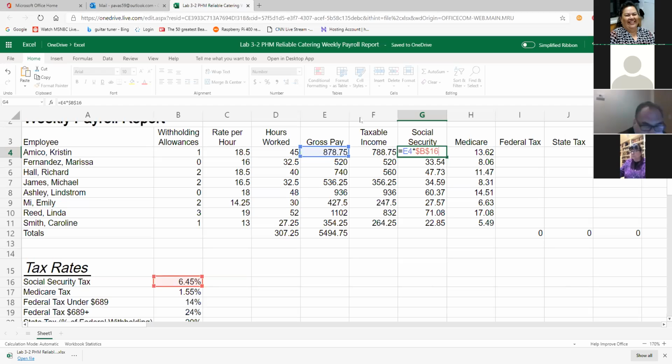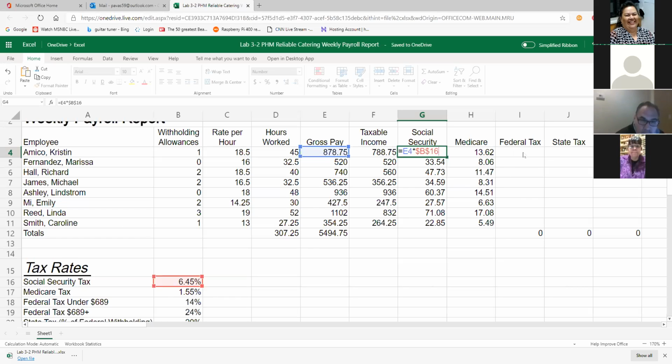Okay, so this is how we're going to do it. We'll have to use the IF, because that way if it's greater or less than 689, it's going to change. So that way we don't have to be seeing what is going to happen. We can just use the formula.